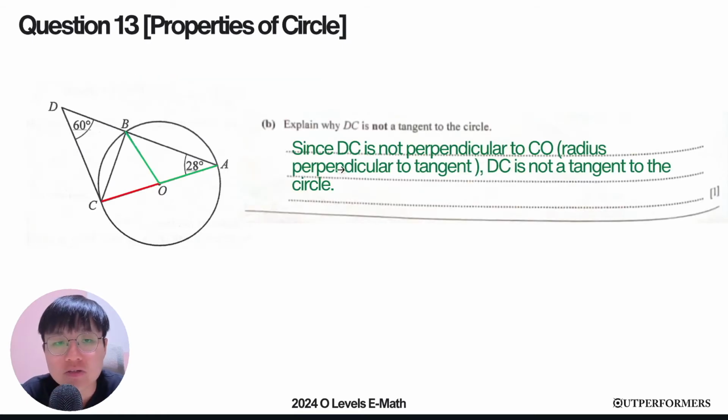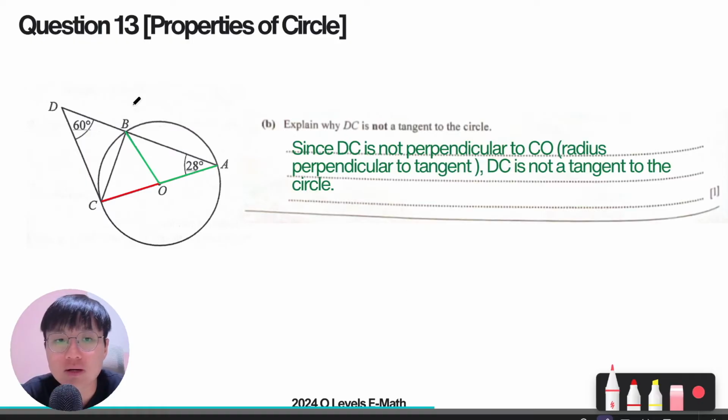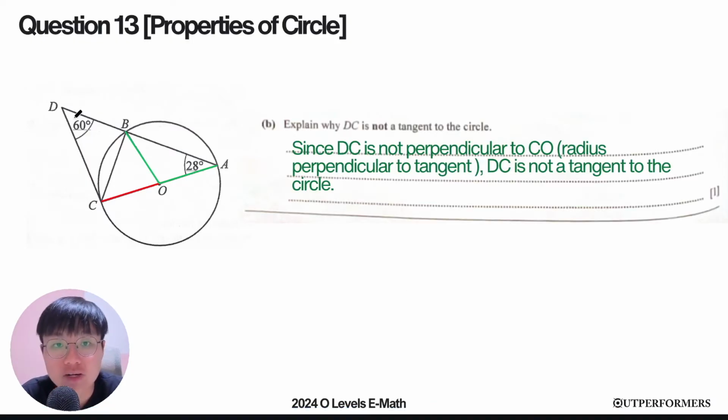So for this calculation, what we can do is take our 180. We can see there's a triangle right here, and we can find the angle over here because I already have 60 degrees and 28 degrees.